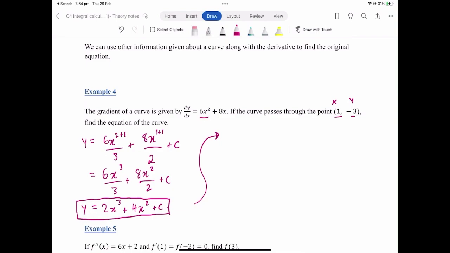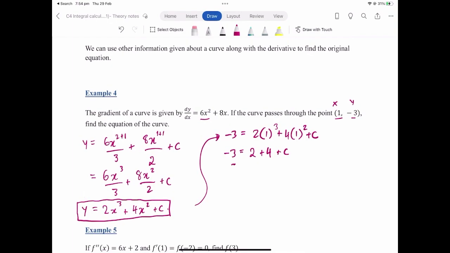So y is equal to -3, so we have -3 is equal to 2 lots of 1 cubed plus 4 lots of 1 squared plus some constant term c. -3 is equal to 2 plus 4 plus c. -3 is equal to 6 plus c, so c must be equal to negative 9.